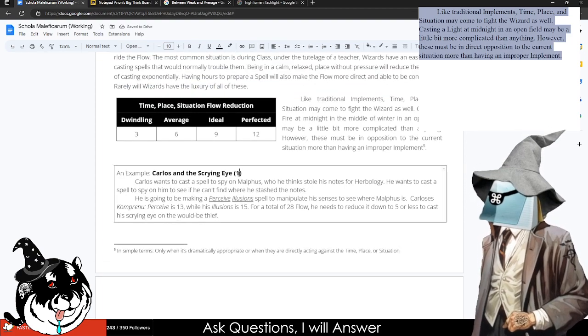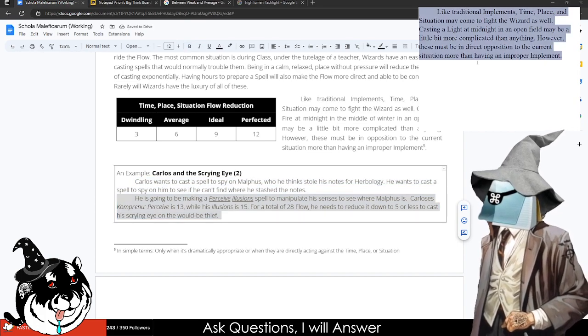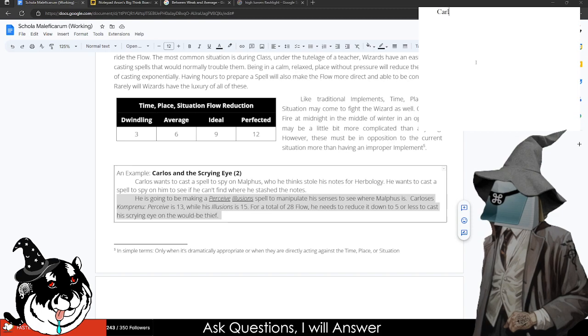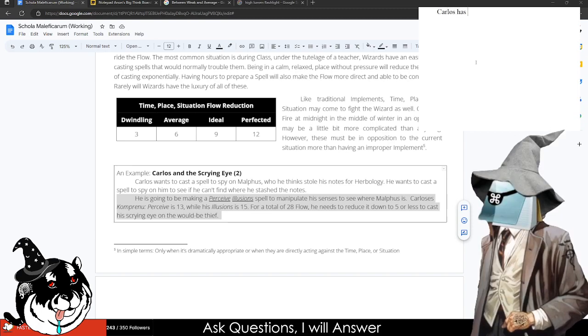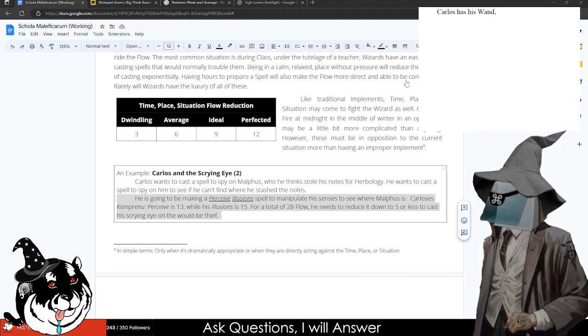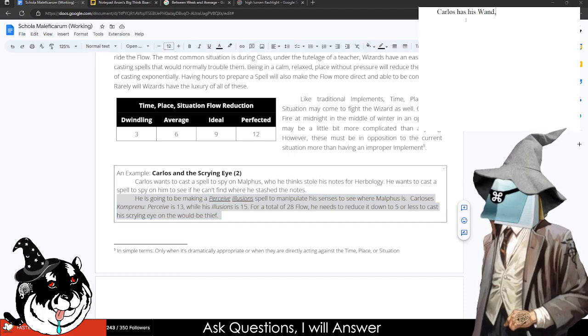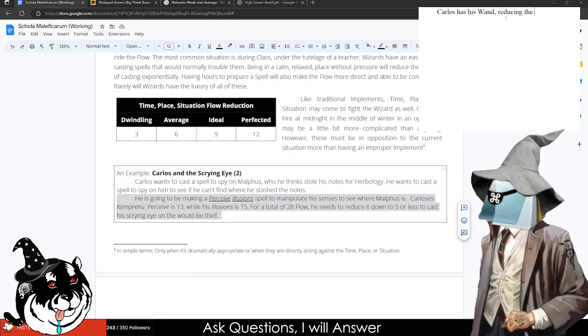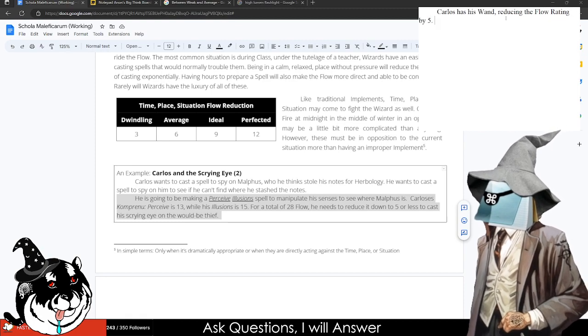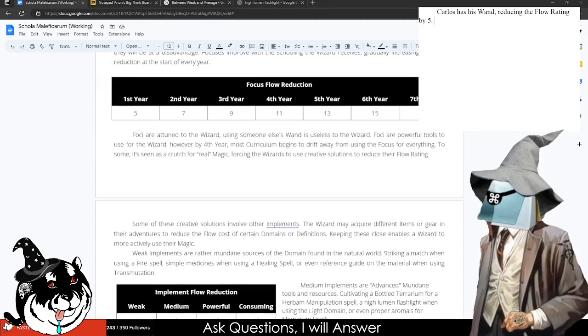Time, place, situation. So we want to do Carlos and the Scrying Eye 2. Carlos has his wand, reducing the flow rating by 5.